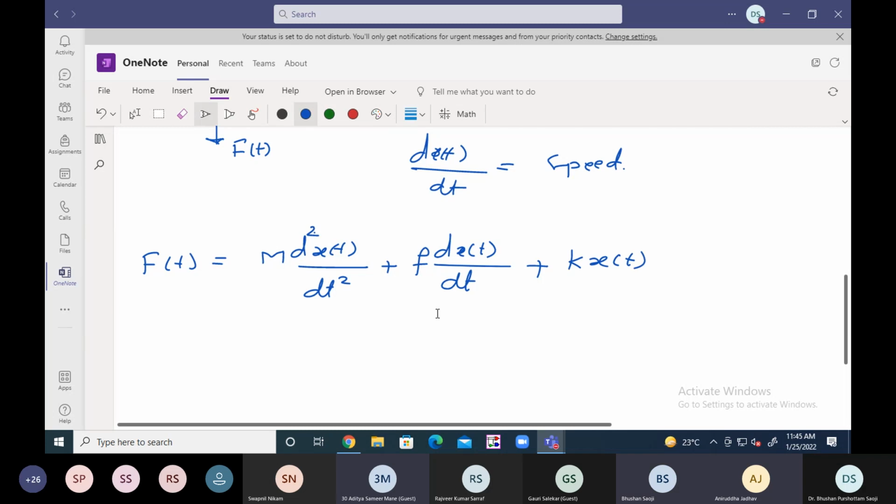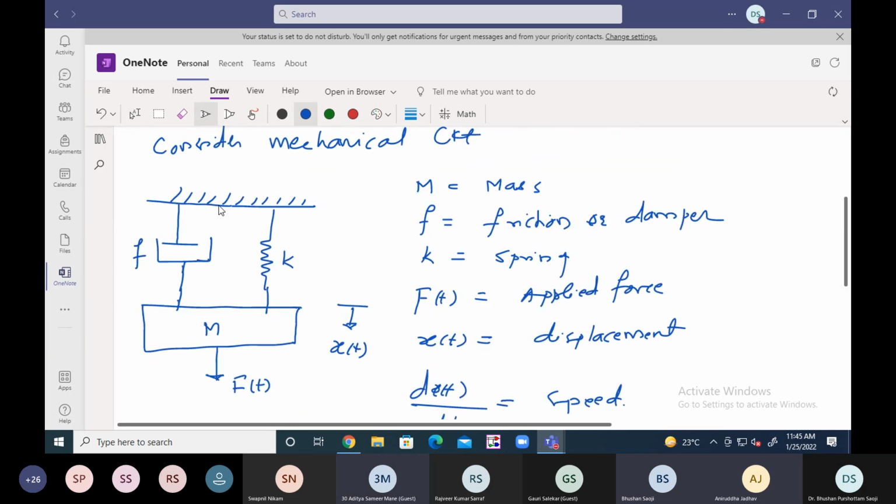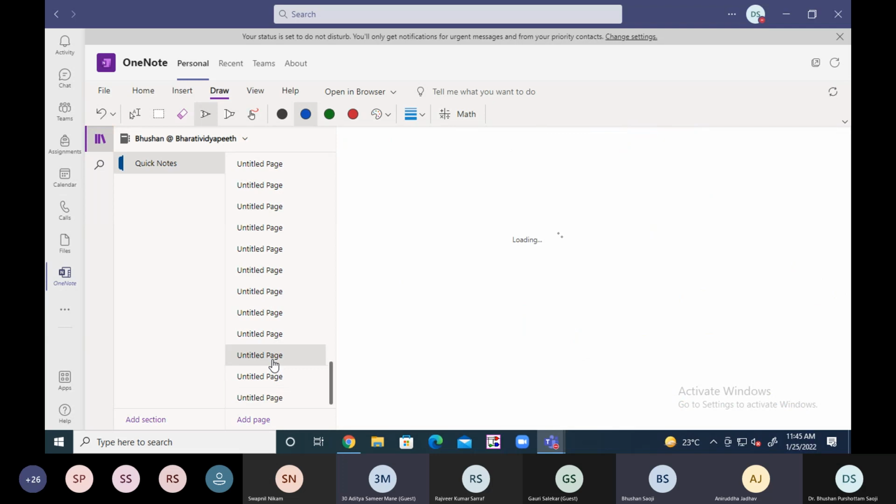That is the differential equation that we derived in the last period. Otherwise, you open your notebook and see there.